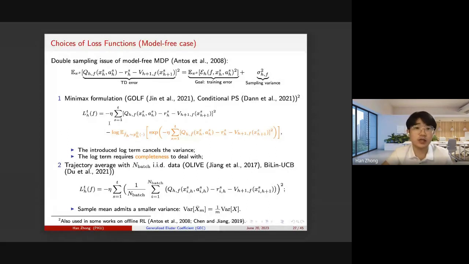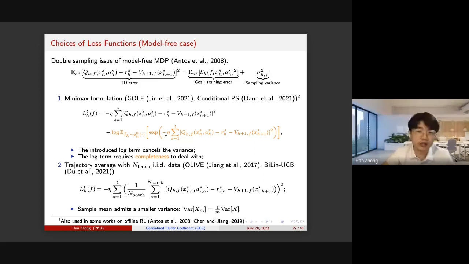The first one is a minimax formulation, which is used by GOLF or conditional posterior sampling, and the loss function is chosen as the cumulative TD loss minus a log term. This introduced log term requires the completeness-type assumption to deal with.